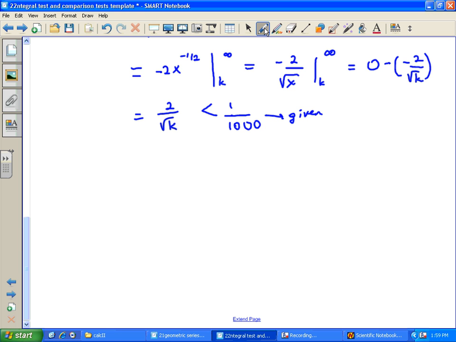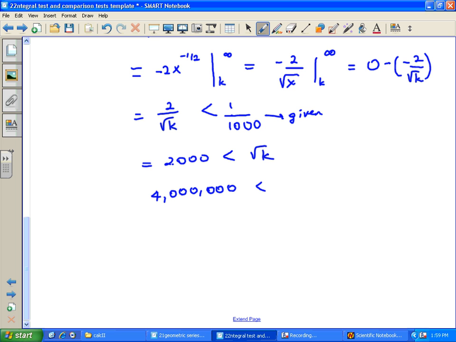So you're going to have 2,000 is less than the square root of k. We cross multiply. Square both sides. What is the square of 2,000? I believe it's 4 million.